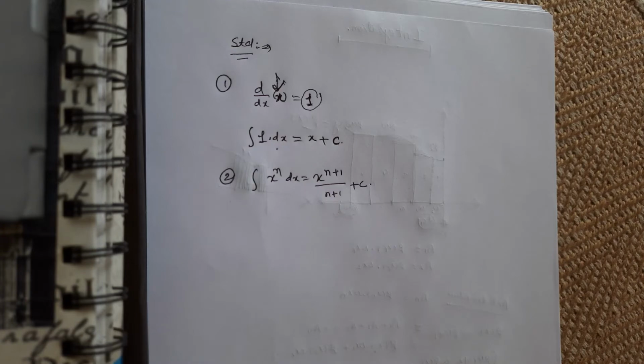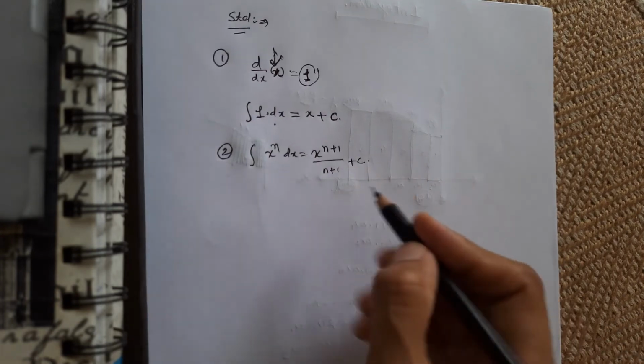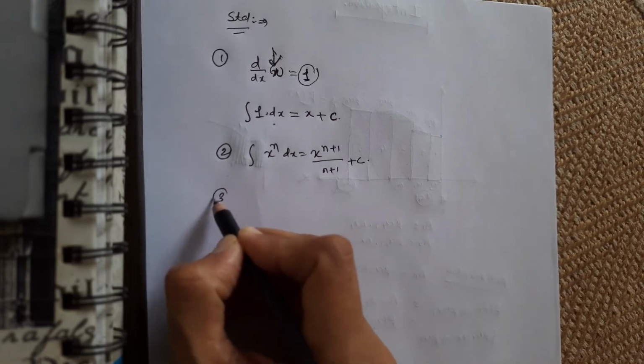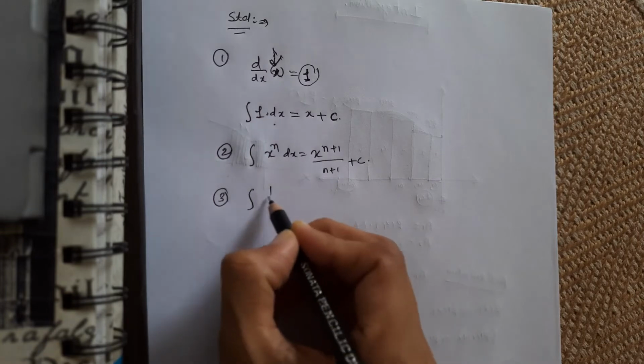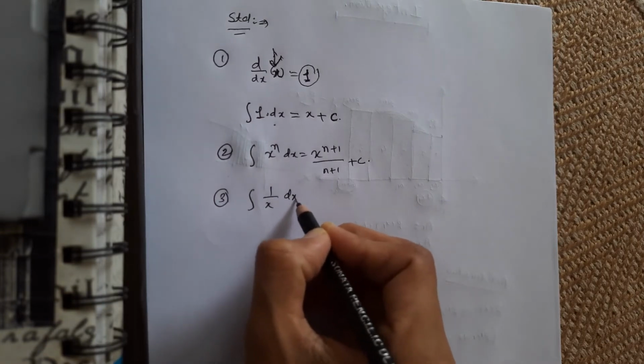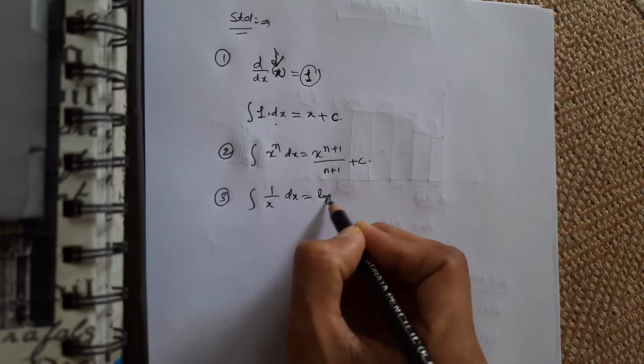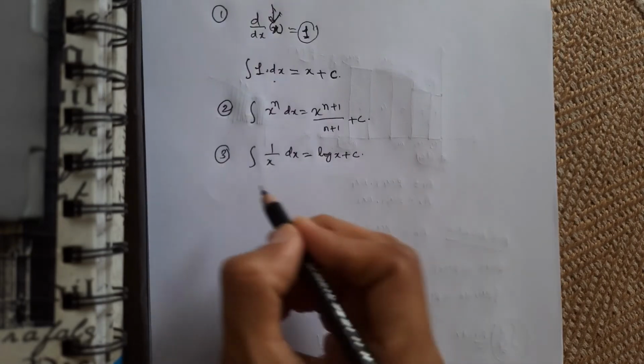We are going to see why this c is there, but right now just remember that these are the standard formulas. The third formula is the integration of 1 upon x dx is log x plus c.